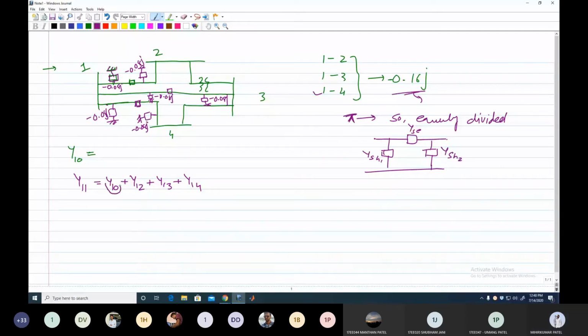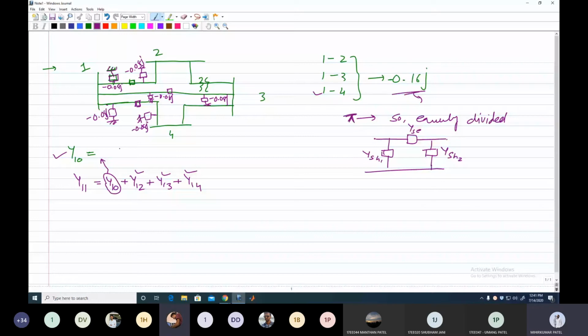So now we have already calculated y12, y13 and y14. Now we have to calculate the value of y10. That means the shunt admittance at bus number 1, or we can say the total shunt admittance at bus number 1. Yes, we will give the answer of this total admittance at bus number 1.